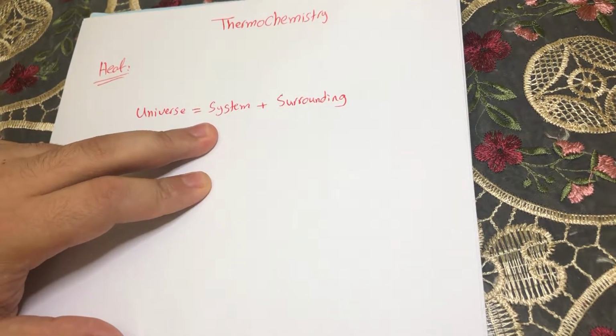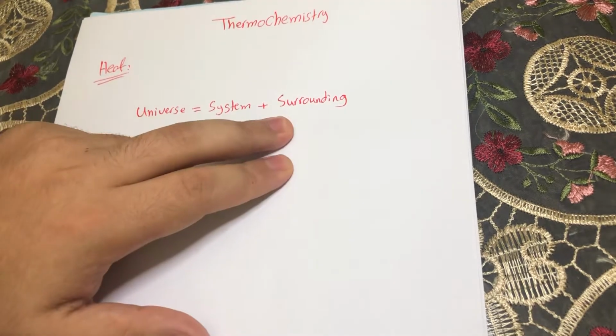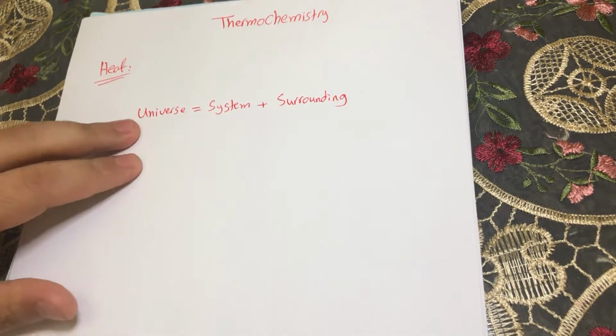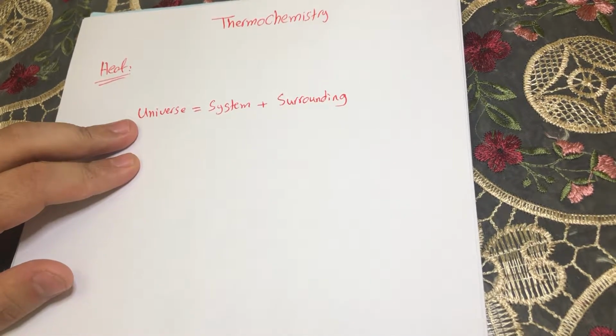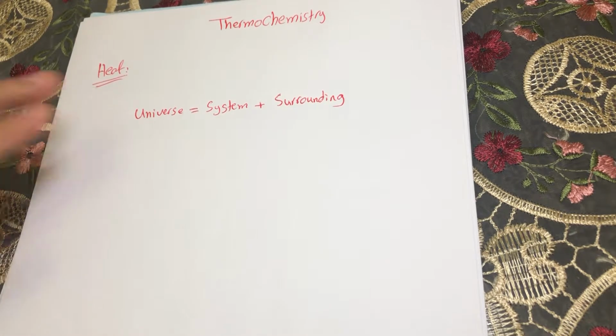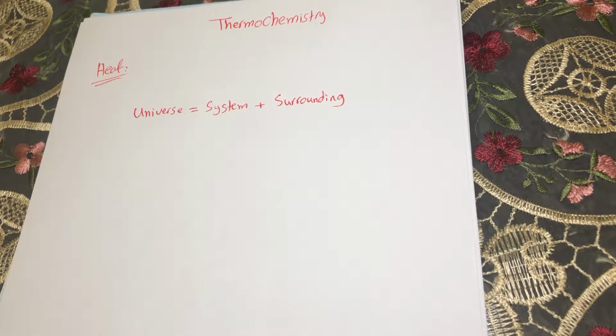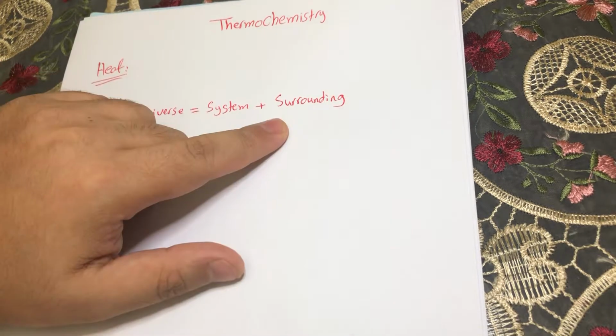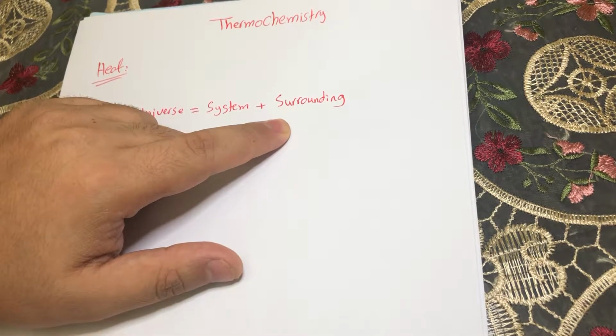Here, if we lose heat, the surrounding should absorb that heat to make the universe stable or quantized. Any energy lost by the system must be gained by the surrounding.